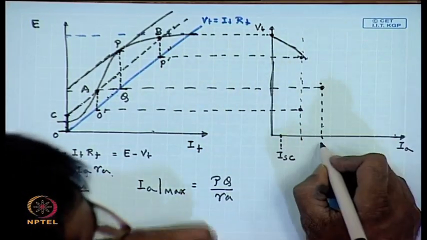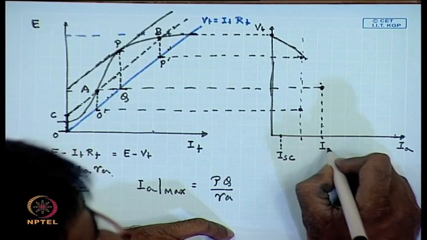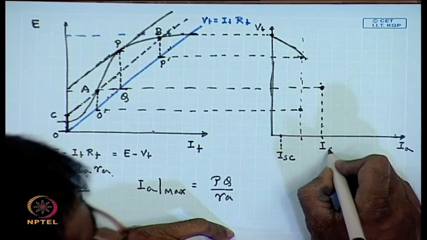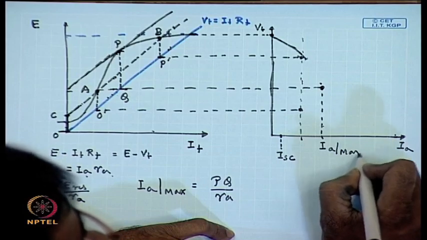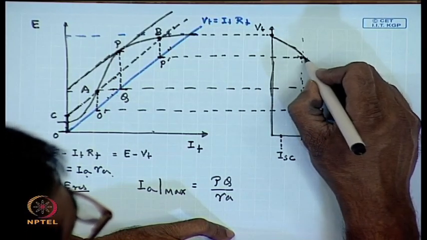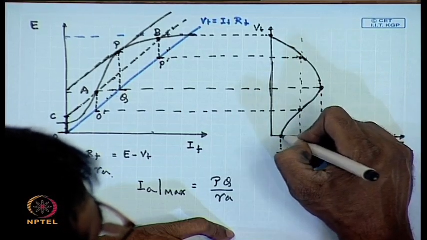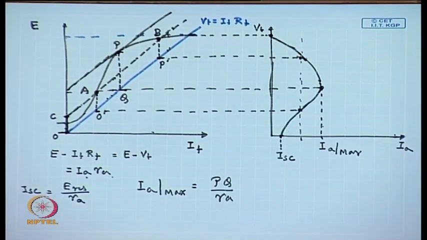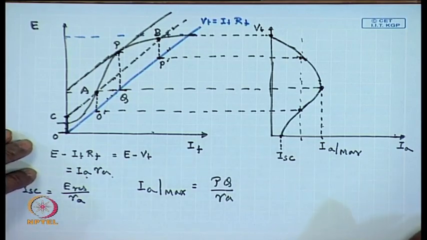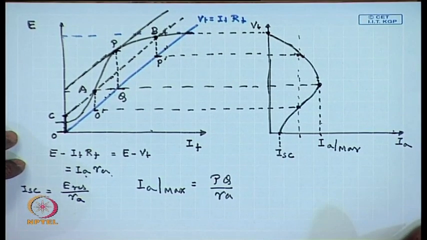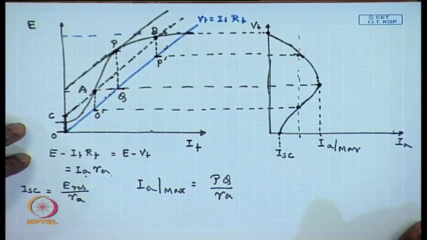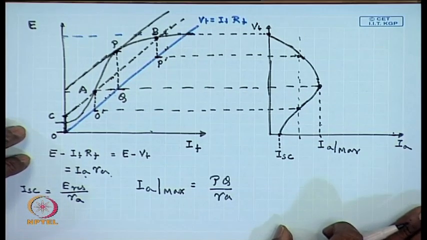And the external characteristics can be completed like this. This is the procedure for drawing the external characteristics of a DC shunt generator neglecting armature reaction.